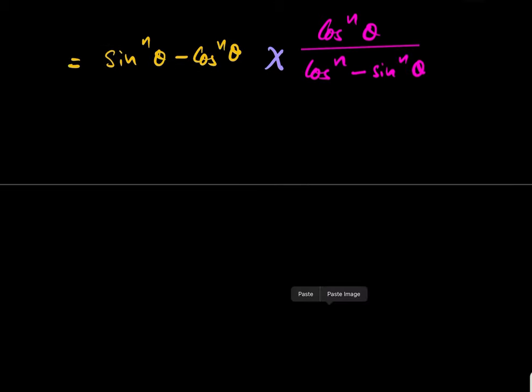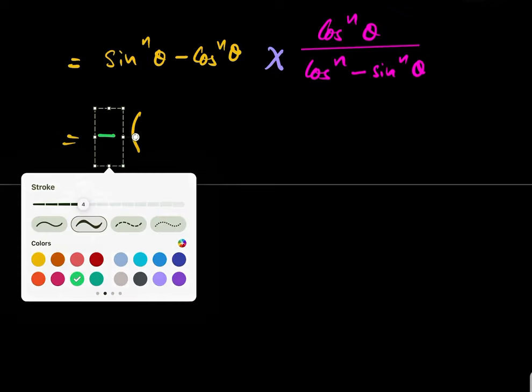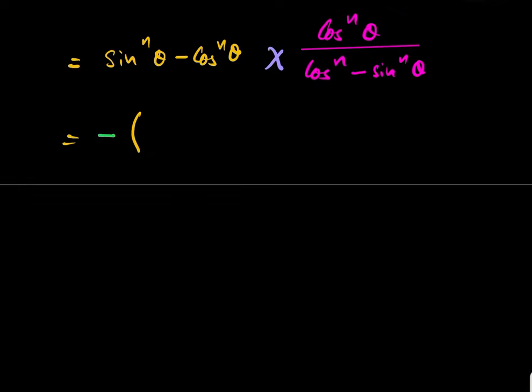And then what we are noticing here is that these guys can't cancel unless we factor out the negative of this one, or even that one of the two. In this case, I'm going to take out the negative of this one. Let me put this negative with its own color, so we have cos to the power n of theta minus sine to the power n of theta. And then you still have this arrangement here.